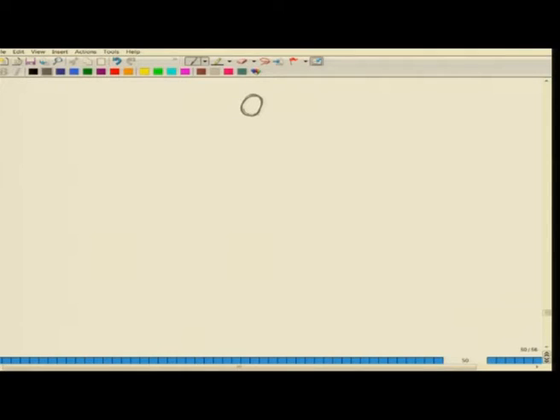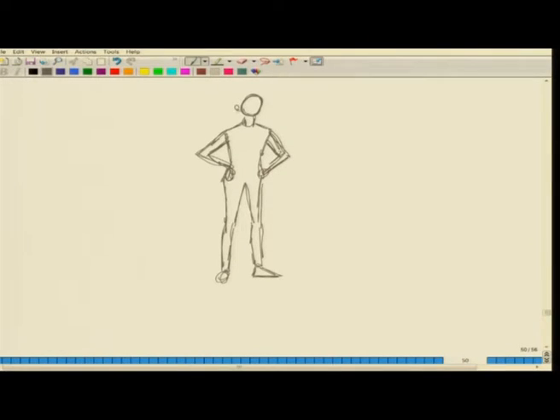So, it has a figure that is standing, and with this gesture we can make out this person is not going to move too soon.